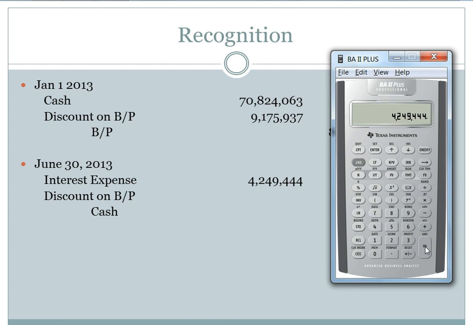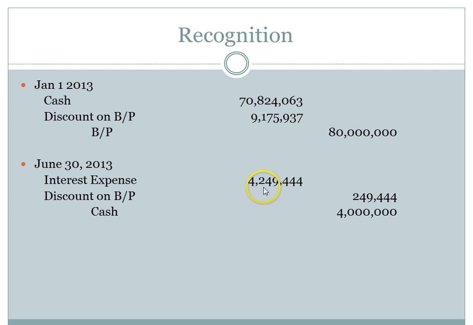And I can determine that my interest expense is $4,249,444. So here's the key. Interest expense is based on the book value of the bond multiplied by the market rate of interest multiplied by half a year, or the appropriate portion of a year. So that gives me my debit to interest expense.